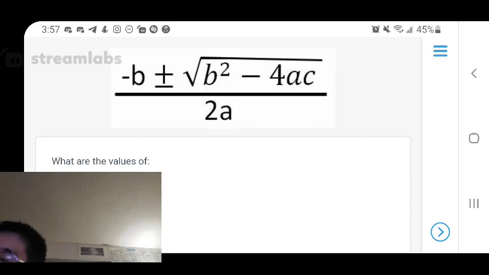Alright, let me do this. X is 10 plus or minus the square root of 28, which is the square root of 4 times 7. Tricky. So basically it's 10 plus or minus 2 root 7 over 6.